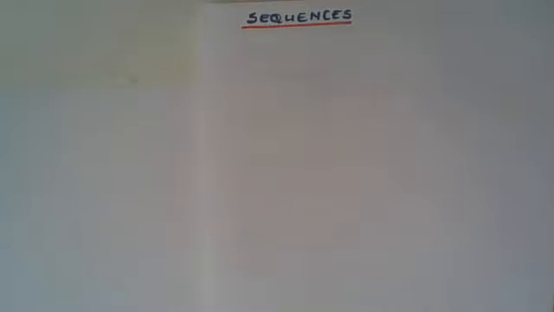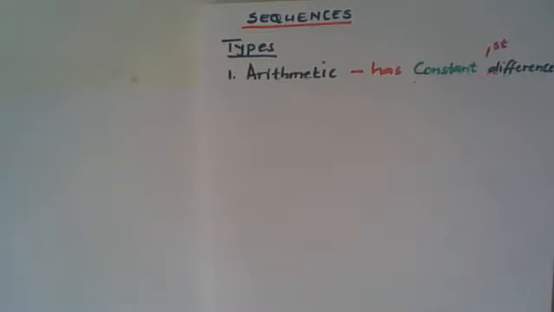So what type of sequences do we have? For now, we need only 3. That is arithmetic sequence. This is also known as linear sequence.